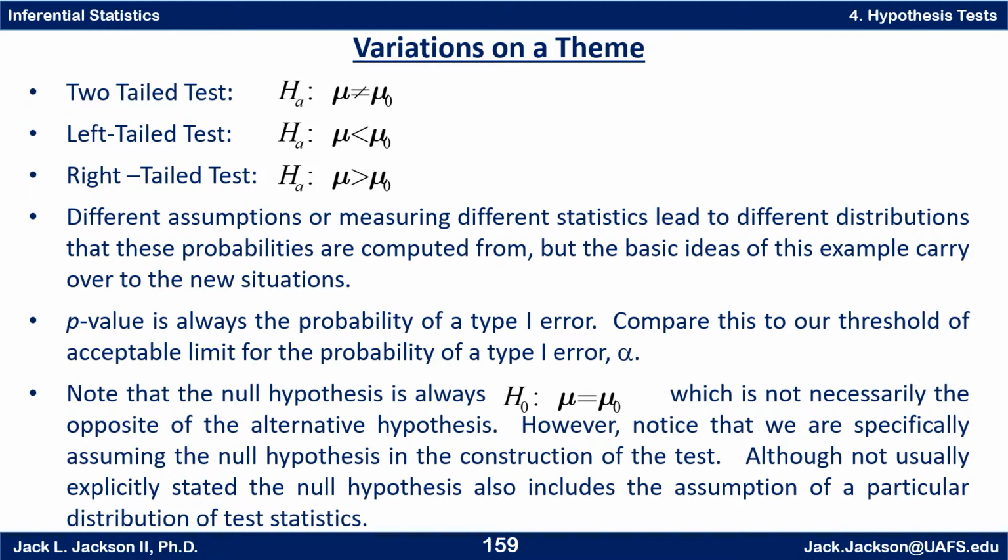Now, one variation on a theme is whether it's two-tailed, left-tailed, or right-tailed on our test. But other things we can do is have different assumptions, and this might lead us to slightly different test statistics or different types of hypothesis tests. We could even be measuring different kinds of statistics altogether.